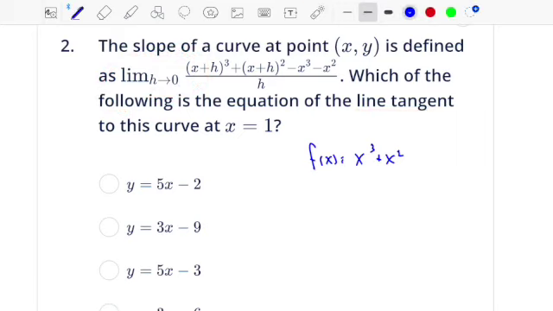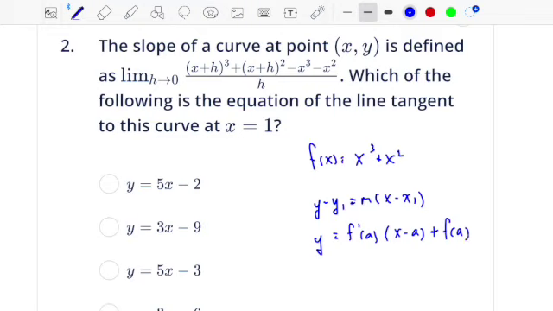All right, so tangent line to the curve, we've got point slope form, y minus y1 equals m times x minus x1. So that is y equals f prime at the point we're looking at, in this case, 1, times x minus a, plus the function evaluated at that point. Our function is x cubed plus x squared, so our derivative is going to be 3x squared plus 2x.